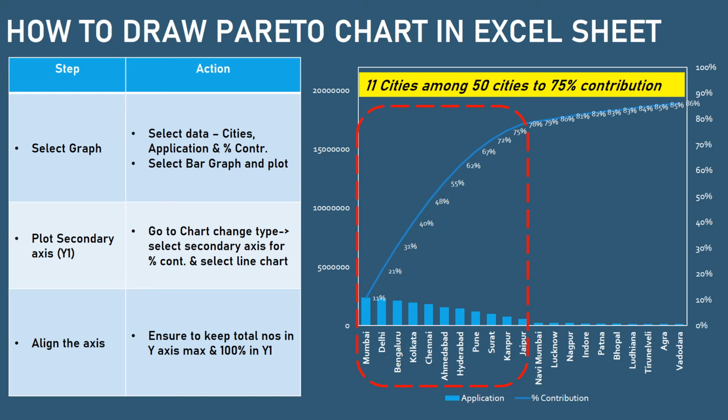So only by focusing on 11 cities, the government can close 75% of pending. Instead of focusing on all cities and making so many special task forces in all cities, only making 7 small task forces in these top contributing cities, they are able to close this 75% of pending in a much faster manner. This is what Pareto charts benefit.